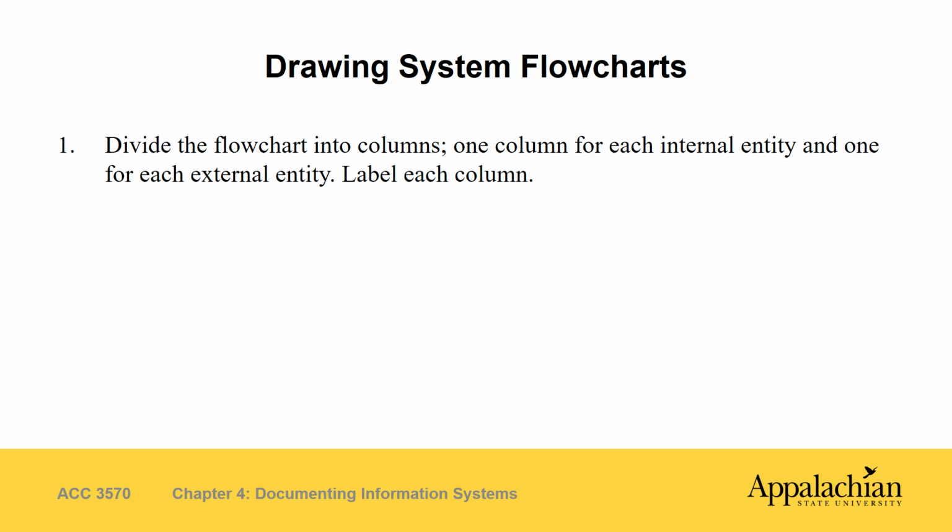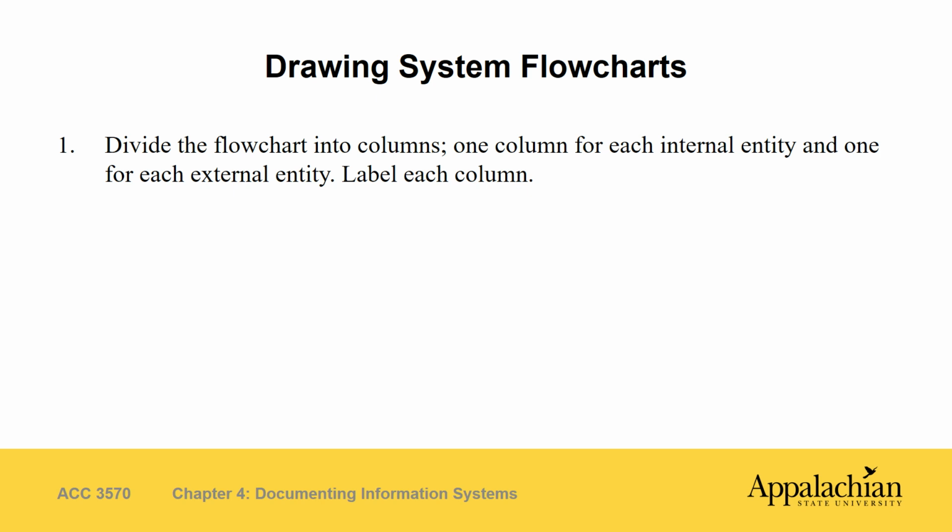Drawing a systems flow chart. I'd like to go over real quick some of the general rules for creating a systems flow chart. And a systems flow chart shows the whole system. It incorporates all of the flows, all the data flows, all the data stores, so you can understand how all the flows go within a system.